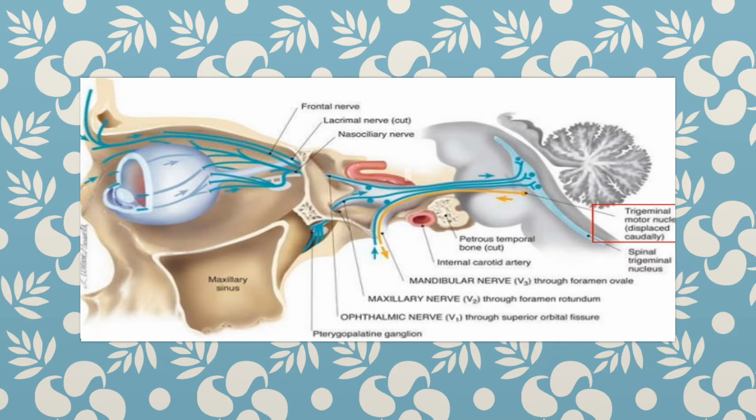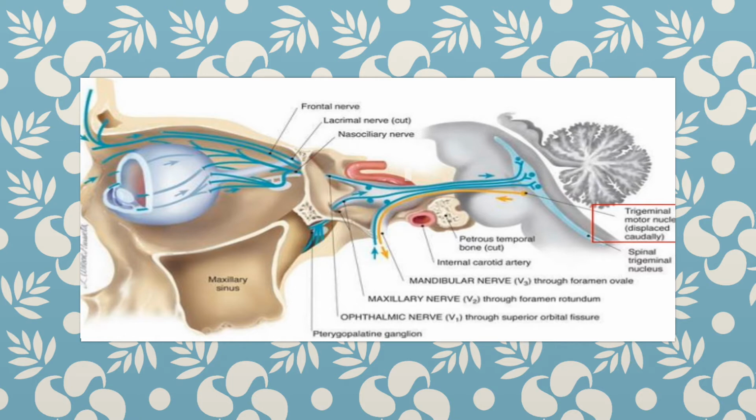It passes into the orbit through the lateral compartment of the superior orbital fissure outside the tendinous ring, and it also receives a communicating branch from the trochlear nerve, then it also receives some branch from zygomaticotemporal, that is the branch of maxillary nerve.